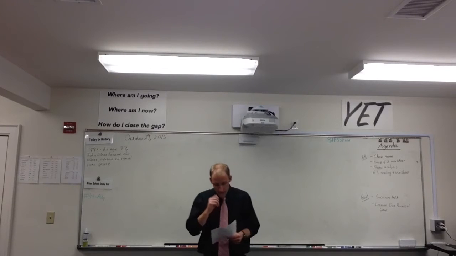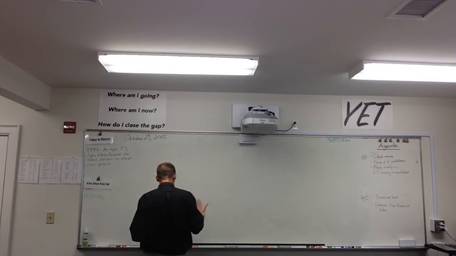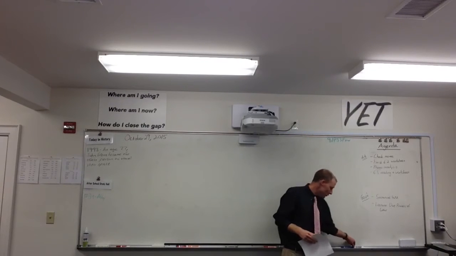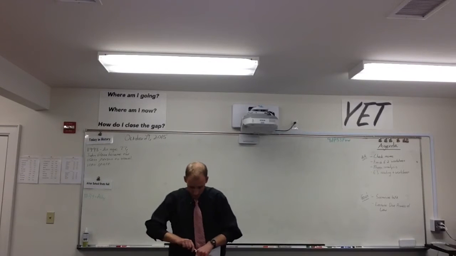All right? So let's start off with Roman numeral 1. We're talking about due process. What is it? Where does it come from? First thing we want to do is define due process.